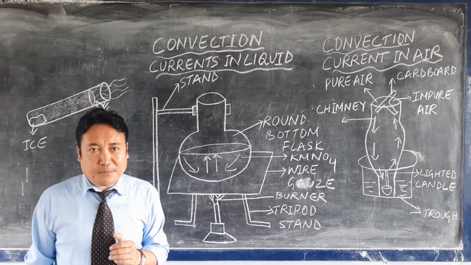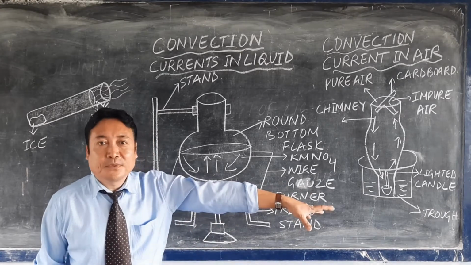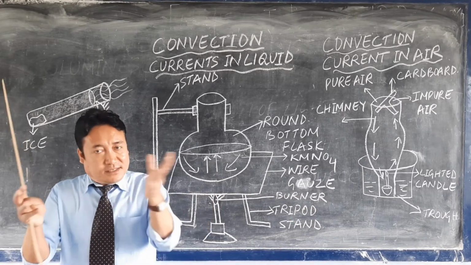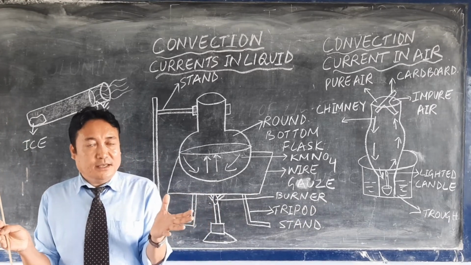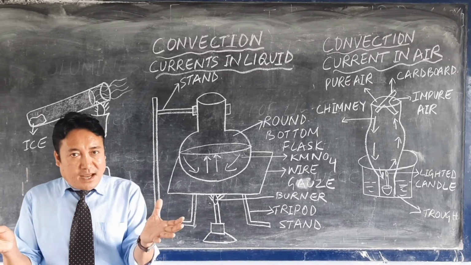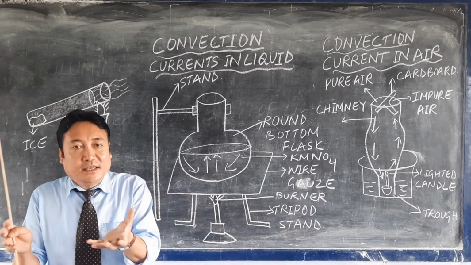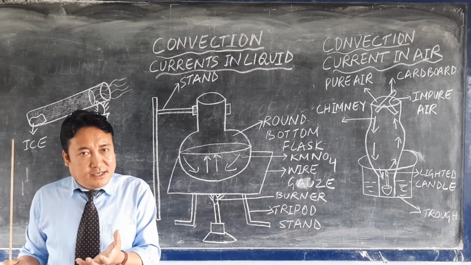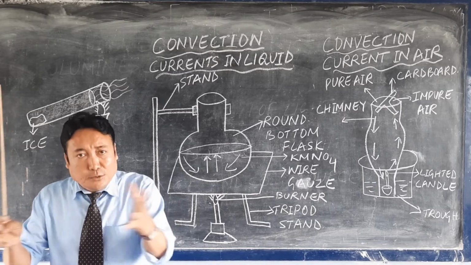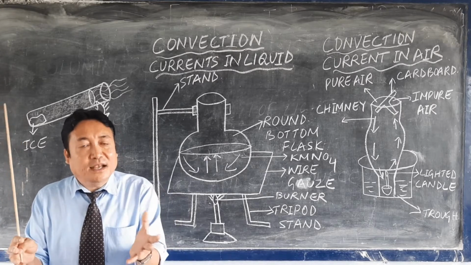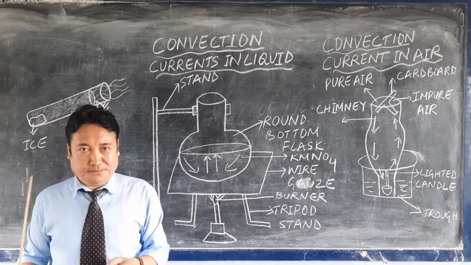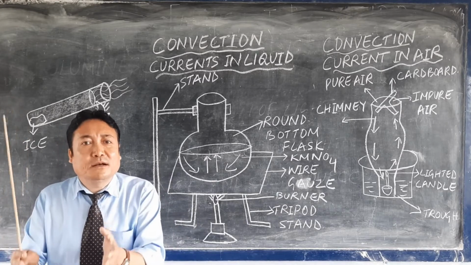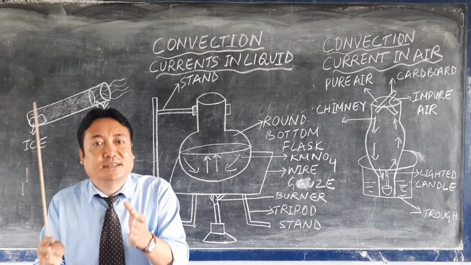Now how does it happen? In one corner of a room, you light a heater, and the room contains air. When you light the heater it starts heating up, and the air near the heater becomes warm. When it becomes warm, it becomes very light, that is, less dense.